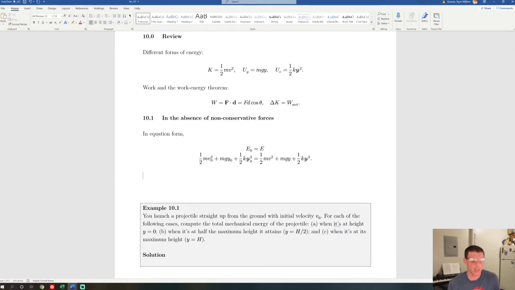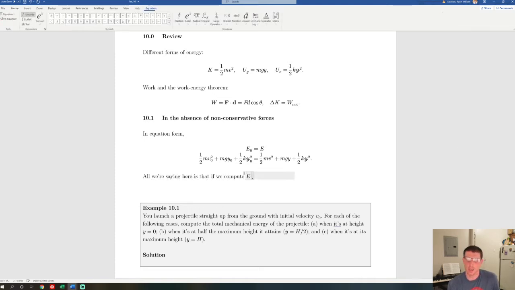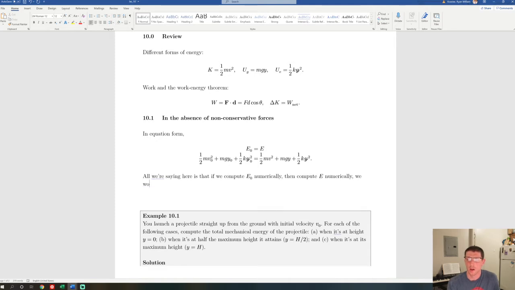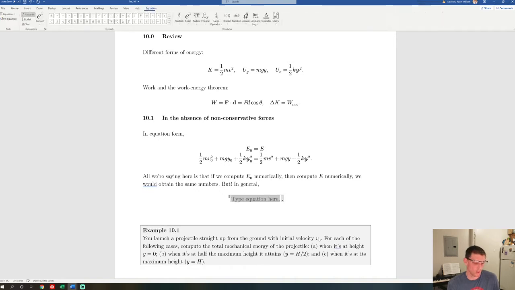And I want to just write out that all we're saying here is that if we compute, say, E naught numerically, right, then compute E numerically, we would obtain the same numbers. But in general, we probably realize that the initial velocity won't necessarily be equal to the final velocity, right?